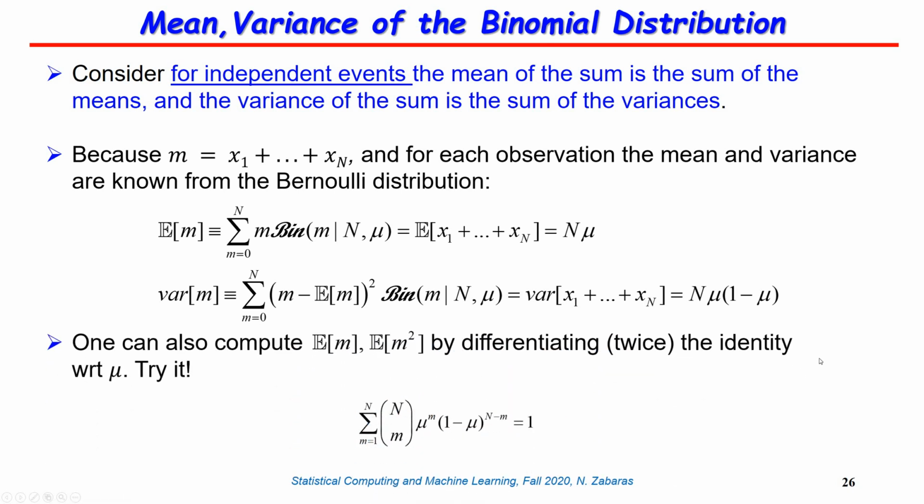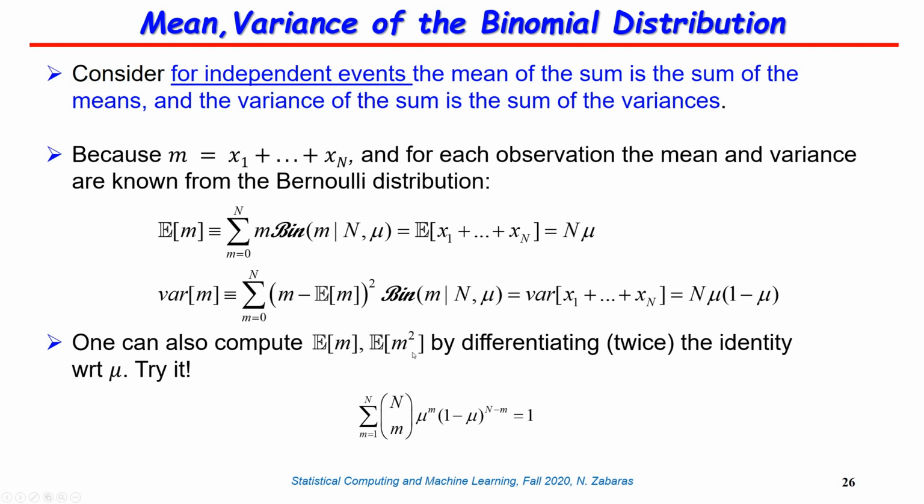There is another third way to compute this, and I am not going to do it. For those who want to challenge themselves, here is what the trick is. The equation that you see on the bottom is basically nothing else but the normalization condition for the Bernoulli distribution. If you take derivatives of this with respect to mu, when you take the first derivative, one of the terms is going to be this expectation.